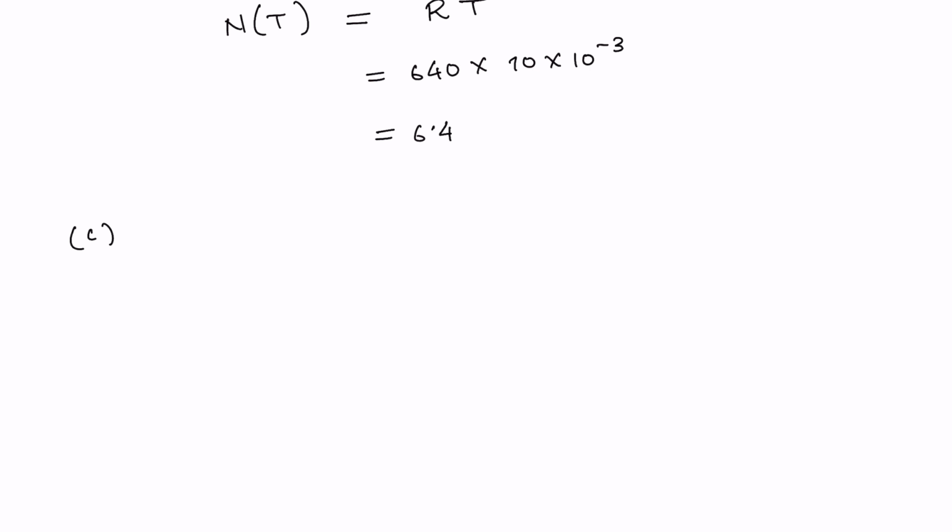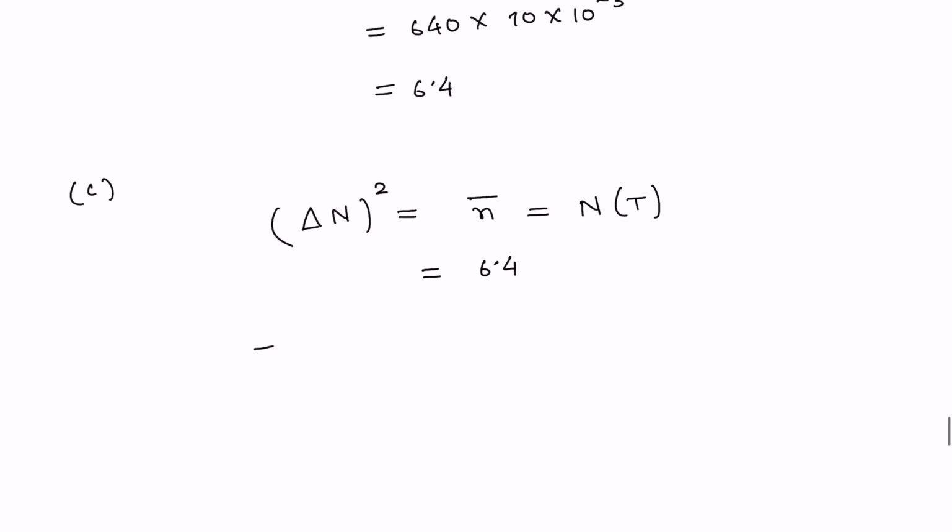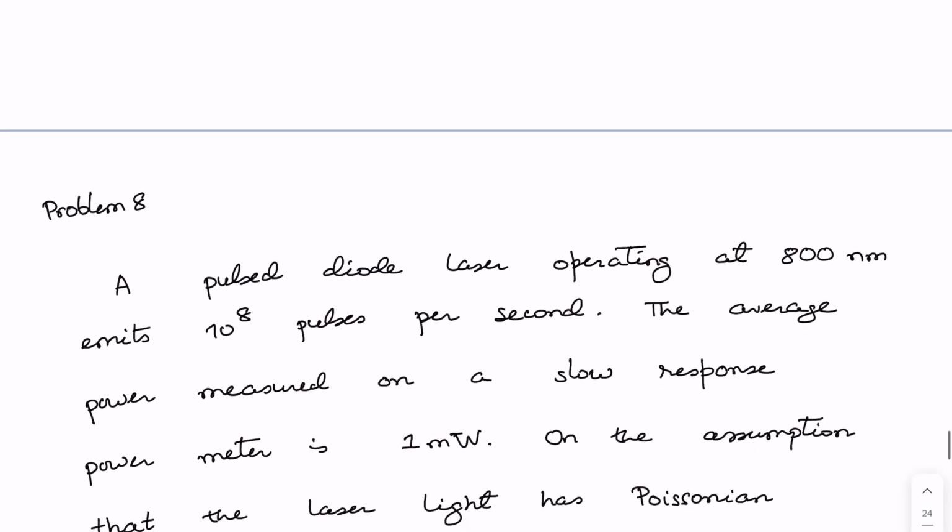So we know from Poissonian statistics that the variance delta n square is equal to the mean or the average photon count, that is n, or in fact in this case this is nothing but n of t, and that is given to be 6.4. Therefore the standard deviation delta n is square root of 6.4, and this is nearly 2.53.